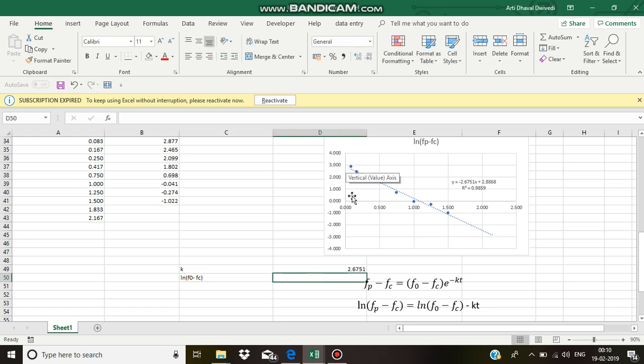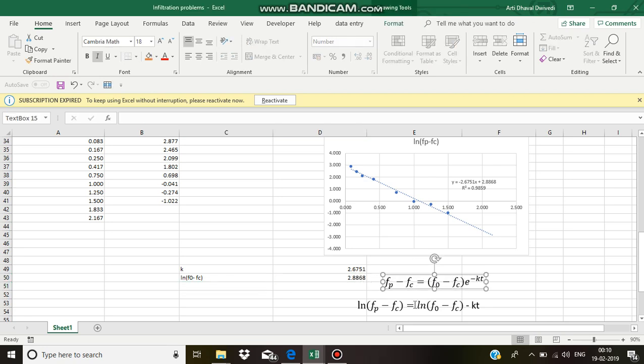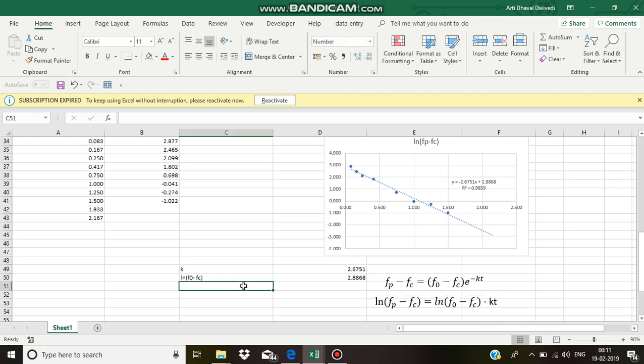So it is obtained by substituting the value of x as 0. So we'll obtain the intercept value as 2.8868. So ln F0 minus Fc is 2.8868.